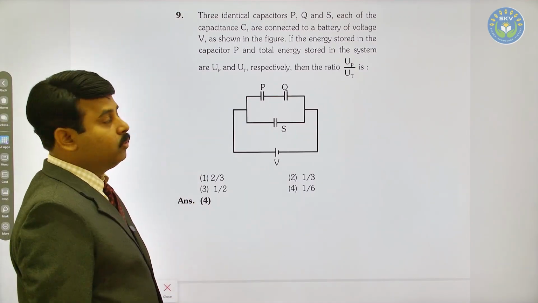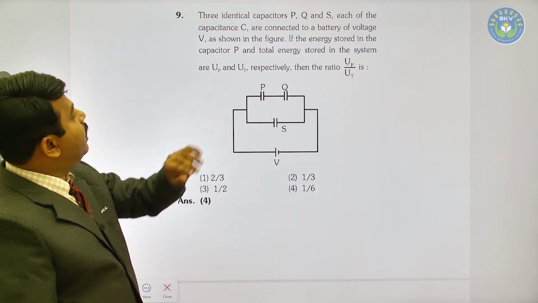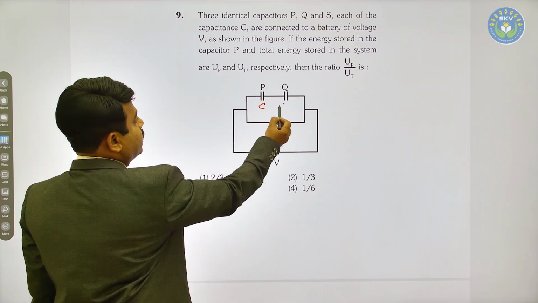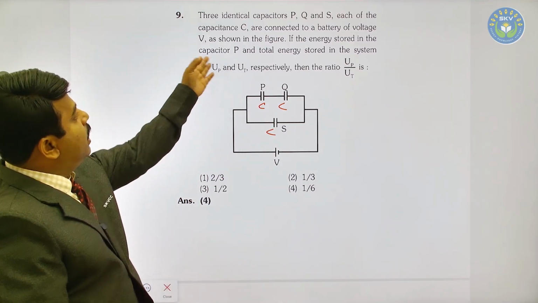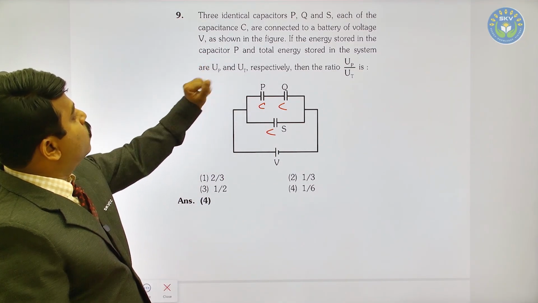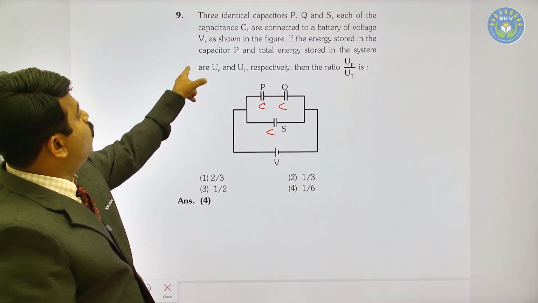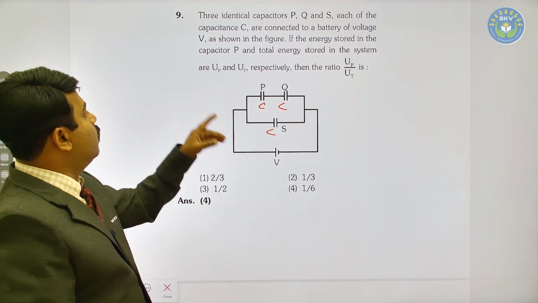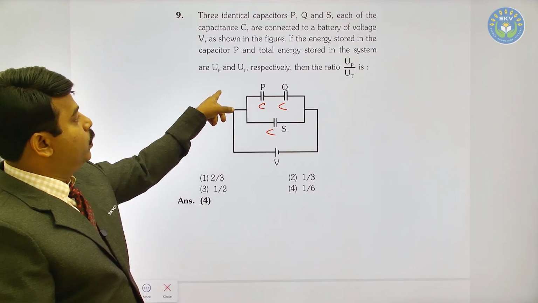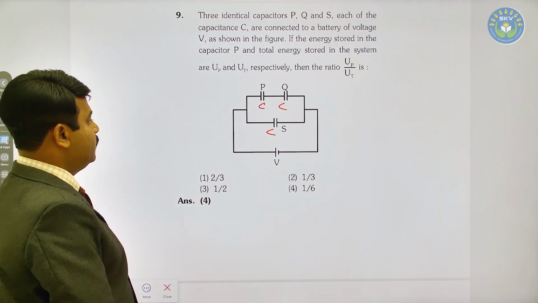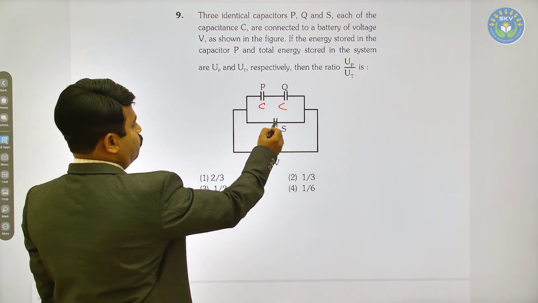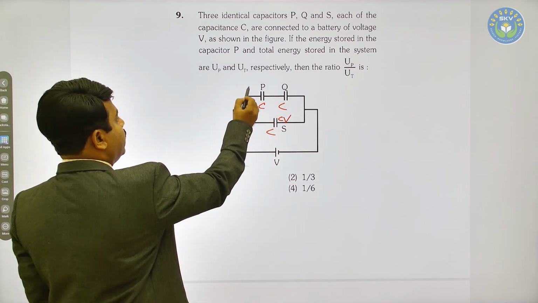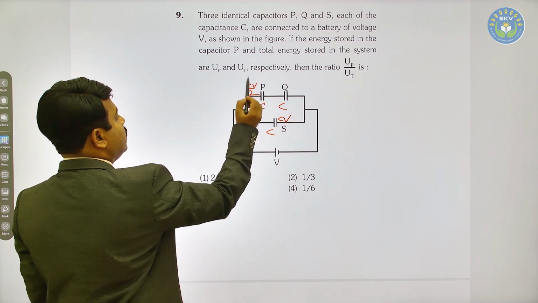See, question number 9. Three identical capacitors P, Q, S, each having capacitance C, are connected to a battery of voltage V as shown in the figure. If the energy stored in the capacitor P and the total energy stored in the system are UP and UT, then UP by UT. See, here suppose potential, this is C, here the charge is CV, definitely here the charge is CV by 2, right?